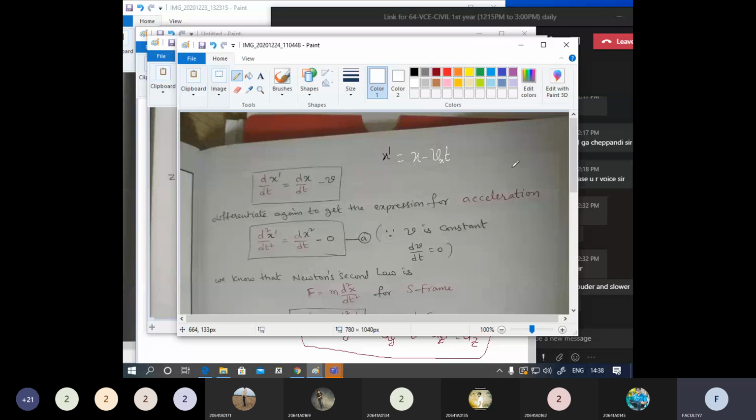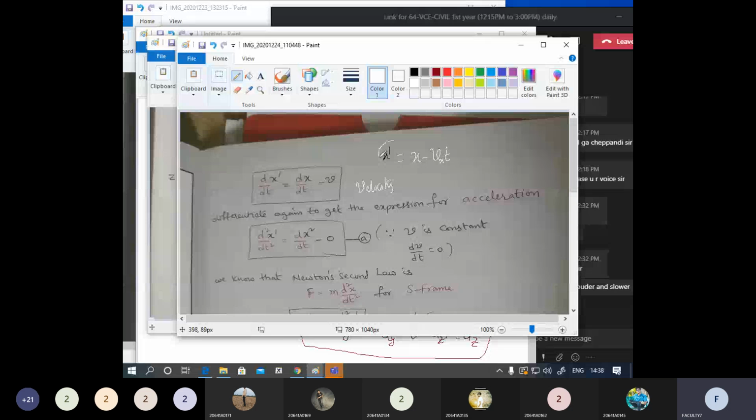How can you get the force? First you get the velocity. How do you get the velocity? We differentiate this equation with respect to time.